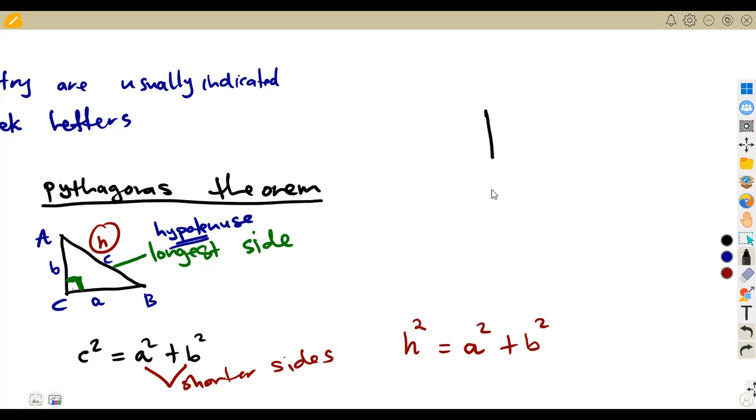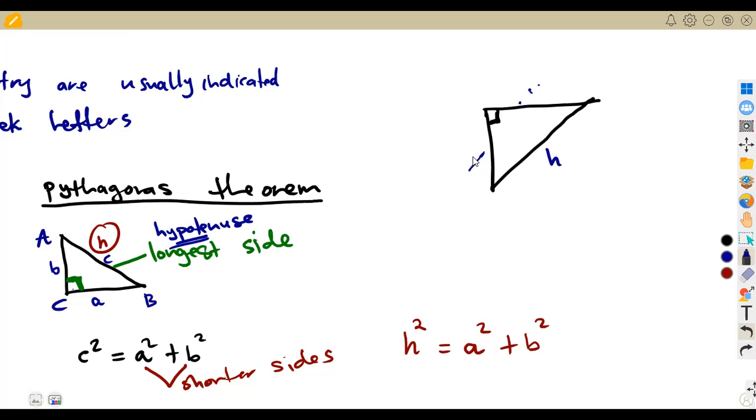And it does not matter how the triangle is given. If the triangle is given this way, this is our 90 degrees, I know that this is the hypotenuse. The one that is opposite 90 degrees is my hypotenuse. And of these two sides, one represents a and the other one represents b.